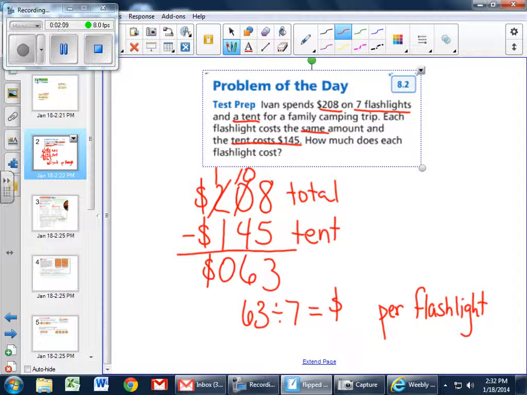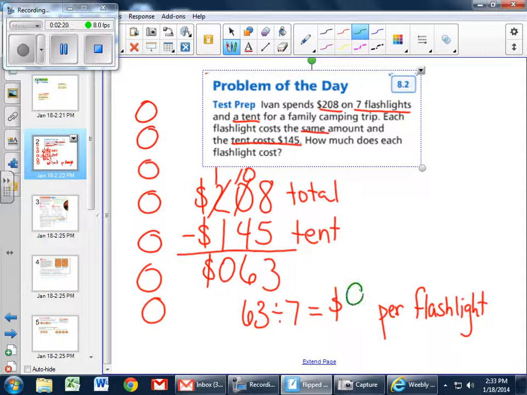So what times 7 equals 63? You can either draw out your 7 circles and count out 63, which seems like a lot of work, or you can use related math facts of what times 7 equals 63. And I know that 9 times 7 equals 63, so each flashlight costs $9.